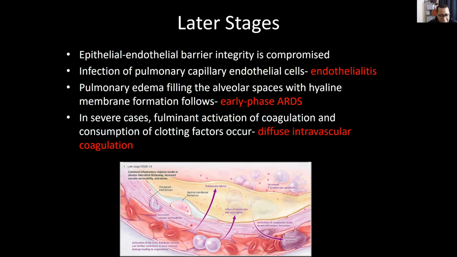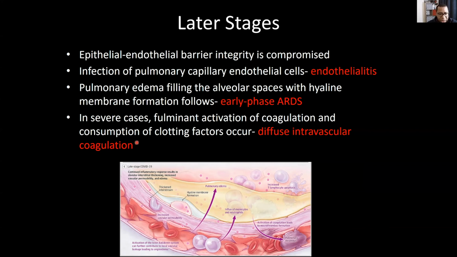And with the compromised barrier, just like with ARDS, you have pulmonary edema filling the alveolar spaces, and you have hyaline membrane formation. Okay, so similar to the early part of the acute phase of ARDS.